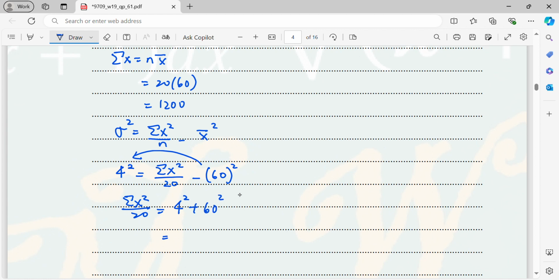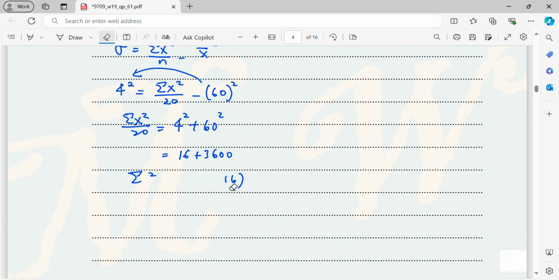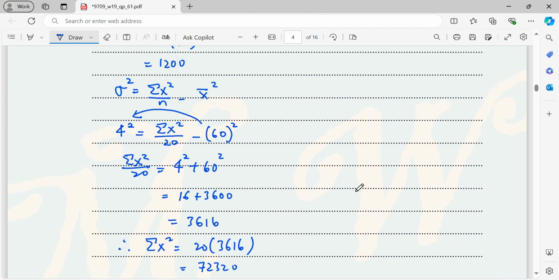Then you will get 16 plus 3,600, which is 3616. Therefore, summation x squared is 20 times 3616, and you will get 72320. So those are the summation x and summation x squared values.